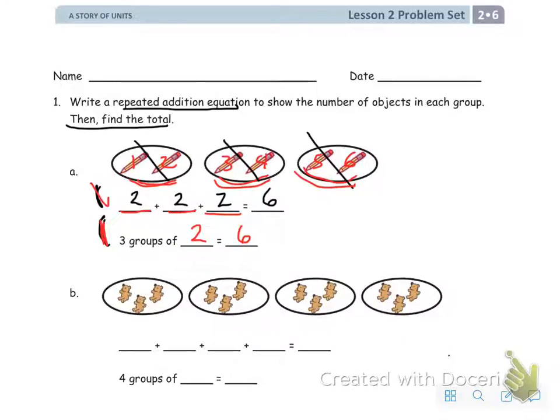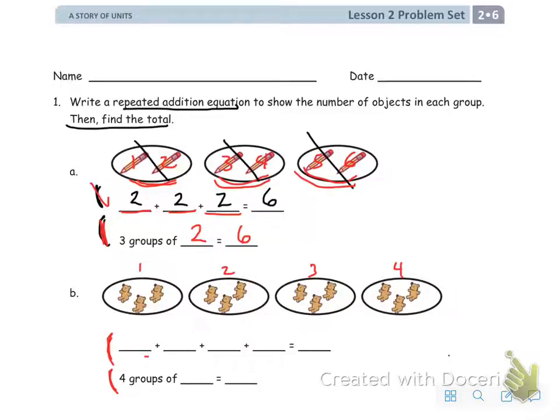Alright, so moving on to the next problem, we've got a bunch of teddy bears, and we need to write the repeated addition problem as well as fill in this right here. So once again, this is 2 steps. Okay, so you can see that we have 4 groups. So 1, 2, 3, and 4 groups.